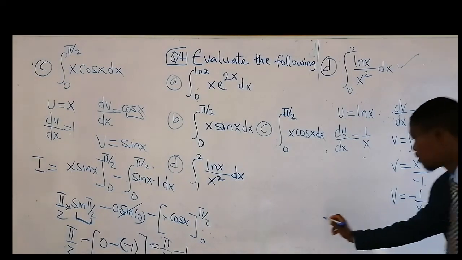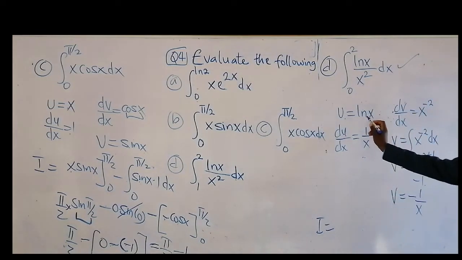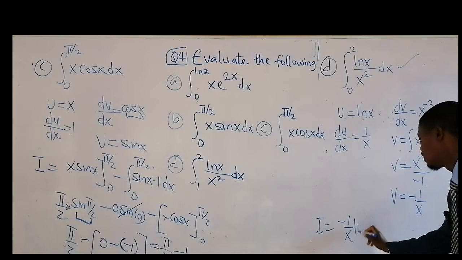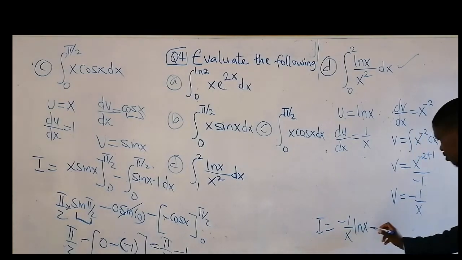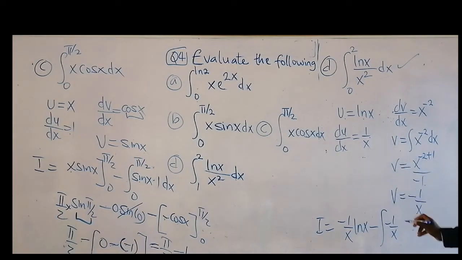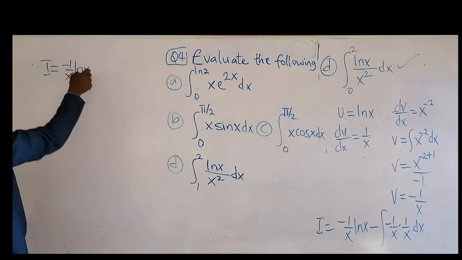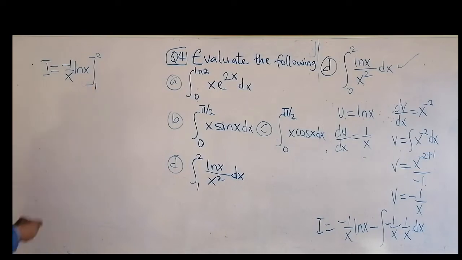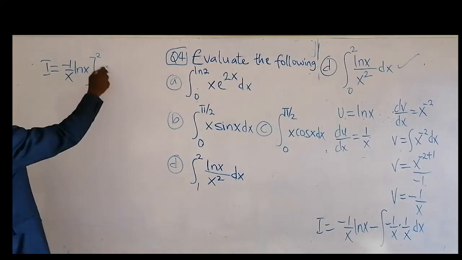So we now have I equal to uv, and u is this, and that will be minus 1 over x ln x minus integral of v, that's minus 1 over x, then times the u dx, that's 1 over x dx. Ln x, indicate your upper boundary, that's 2, and then for the lower boundary 1, then minus times minus, that's a plus.